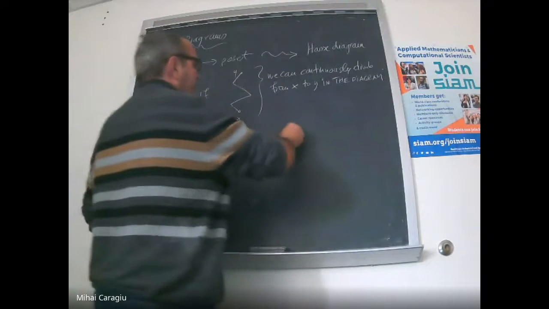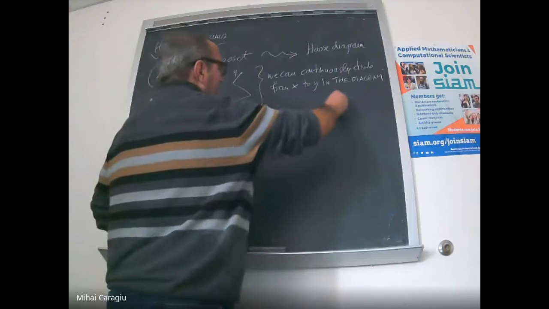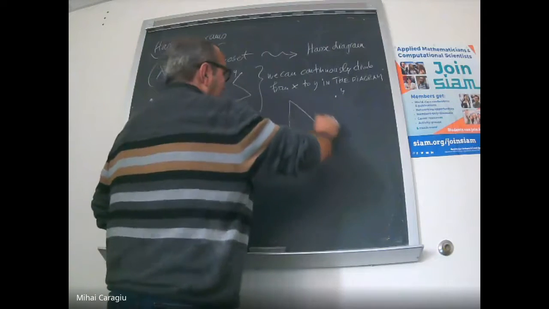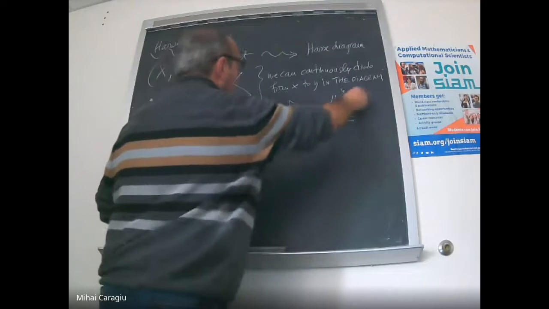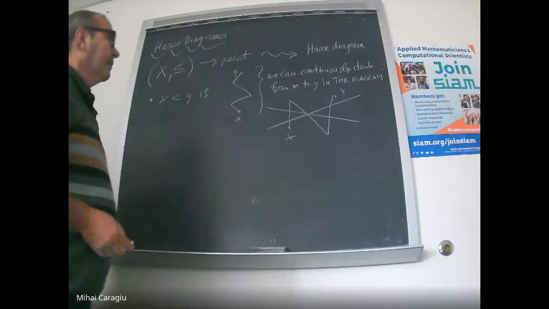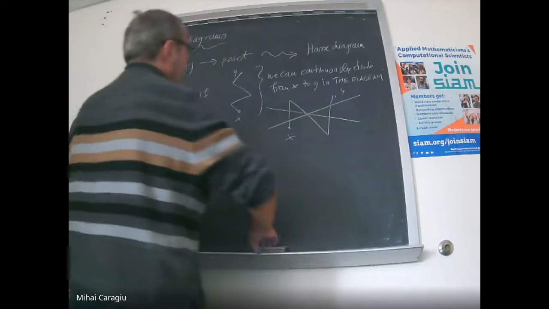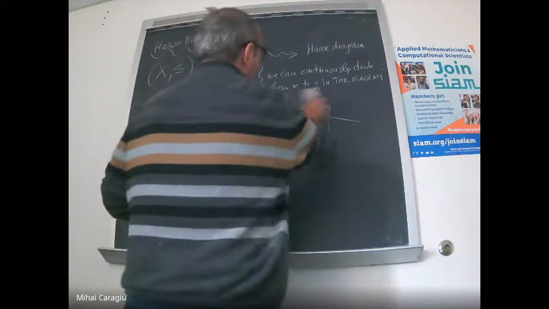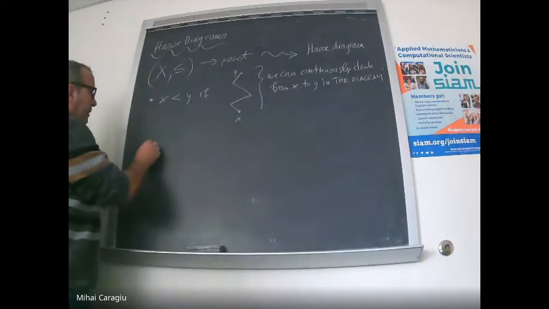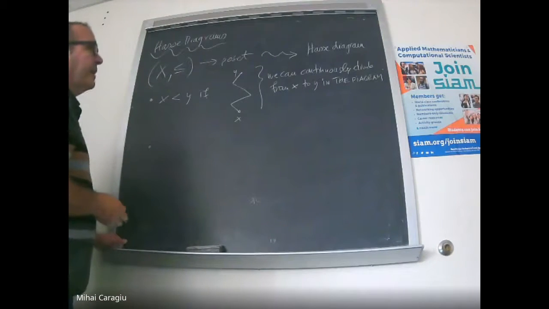It's not like going from x to y by going a little bit up, a little bit down, a little bit up. No, this is not good. So we can climb from x to y continuously in the diagram. That's the first thing. And the second thing, which is important to keep in mind: no unnecessary edges in the diagram.